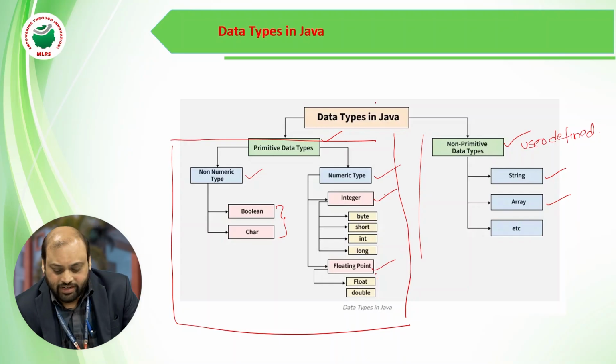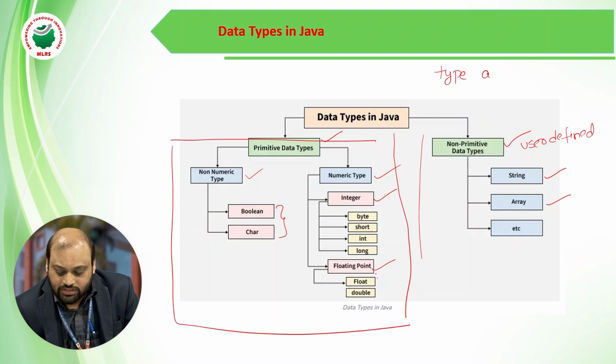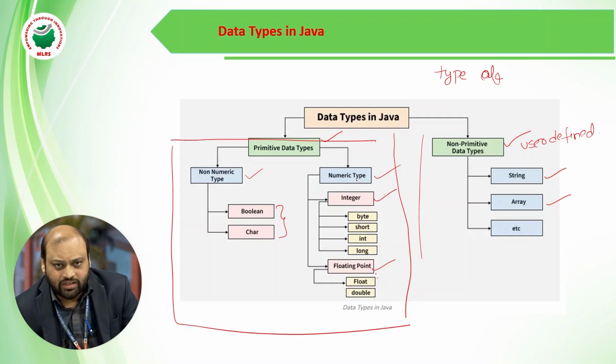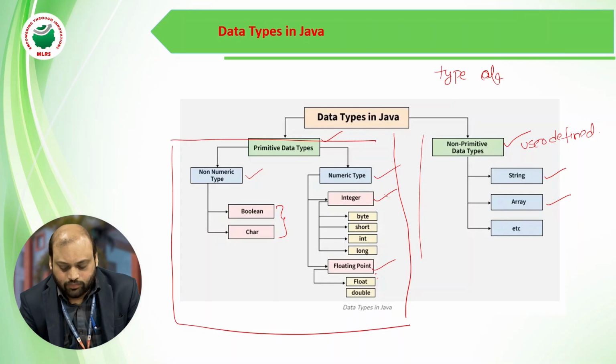As the name says, a data type is the type of data we are storing inside a particular variable. If you are storing numerical data, that is a numerical data type, and the numerical data types are integral and floating point.